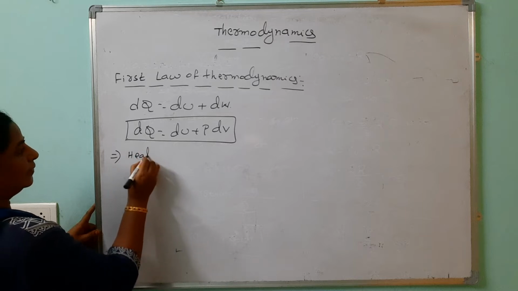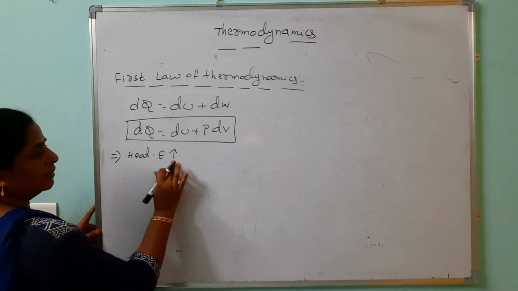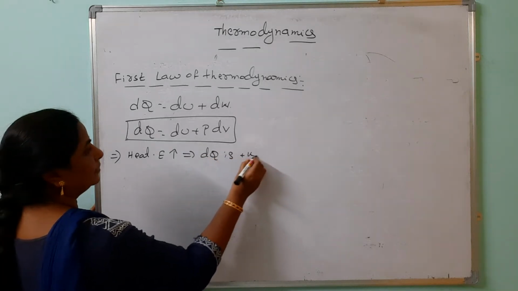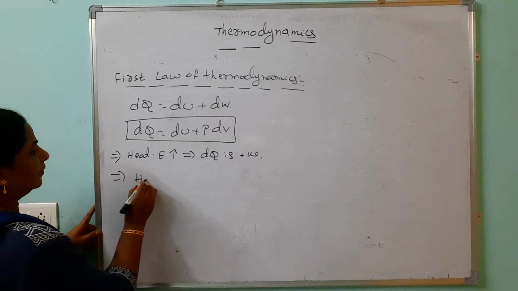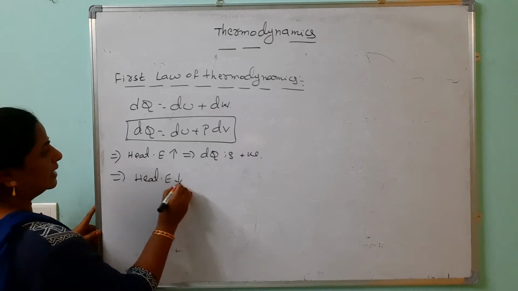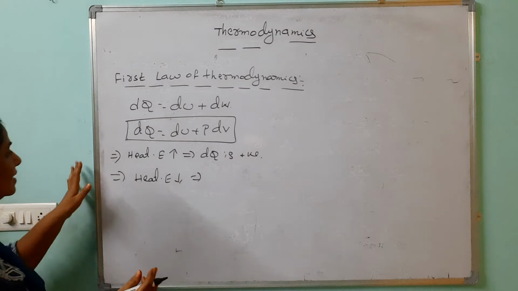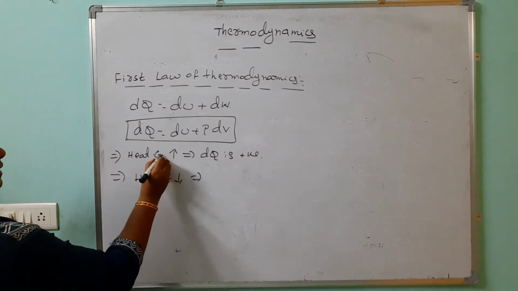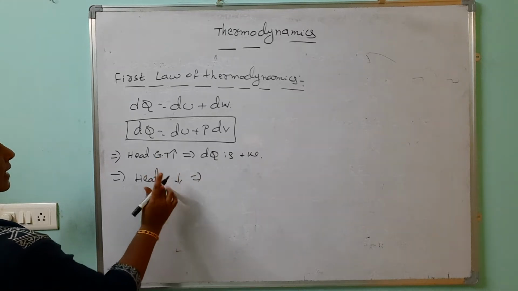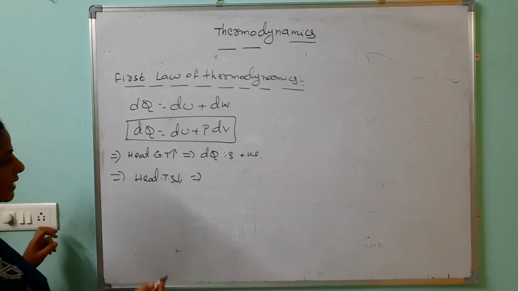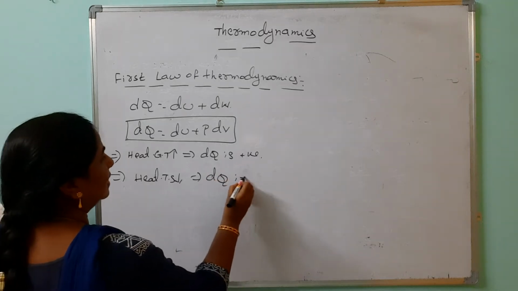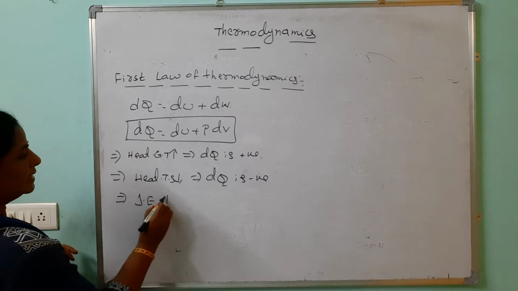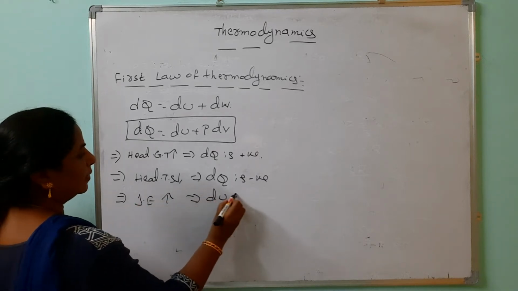Heat energy increases, I am showing with an arrowhead, so you can say dq is positive. Then heat energy decreases, that is, heat energy is taken or extracted from the system, so we can take dq as negative here. If internal energy increases, you can say dU is positive.